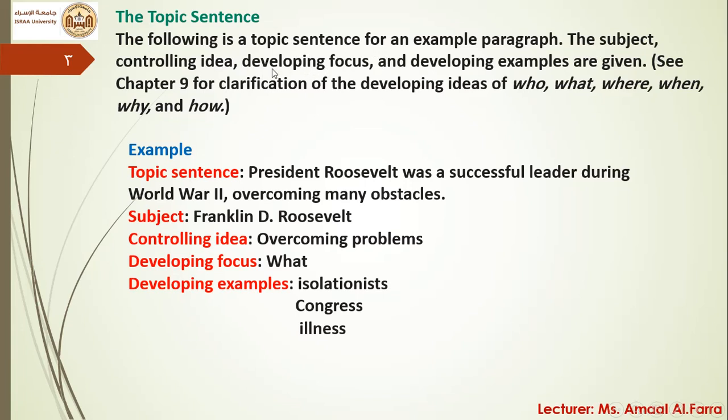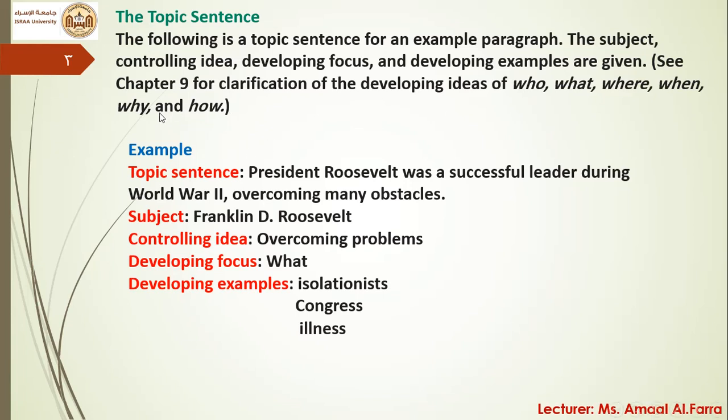When I say developing focus, it means what type of questions are you focusing on? We said in chapter 9 that we have 6 questions: who, what, where, when, why, and how. So the focus will be on one of these questions. Sometimes it is more than one question. Sometimes you can focus on 2 or more.